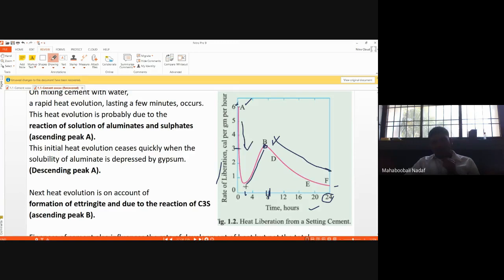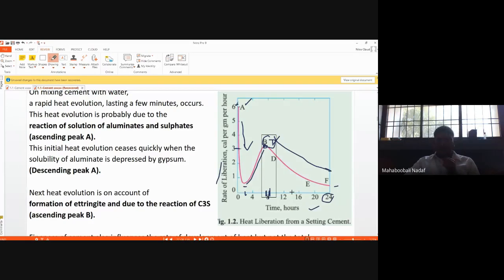From this point some other compounds start reacting. Slowly heat is again generated till point B, that means after the 5th or 6th hour. Once those chemical compounds are gone, the temperature slowly falls down. So after 1 day, 24 hours, all the compounds have reacted.